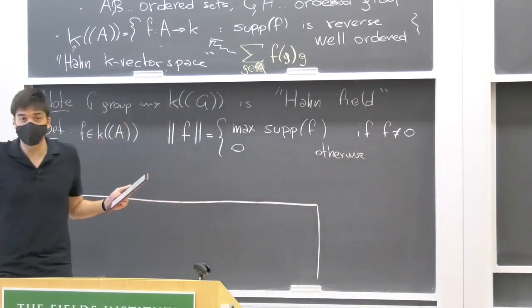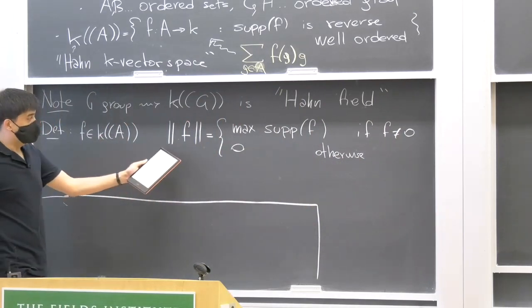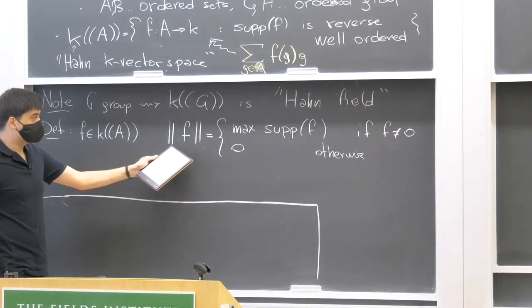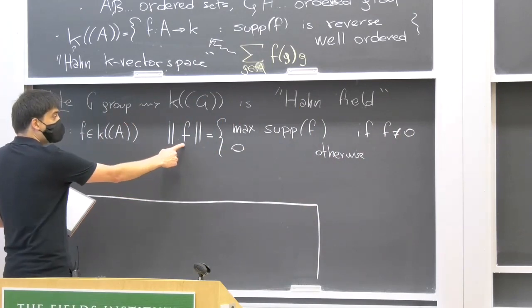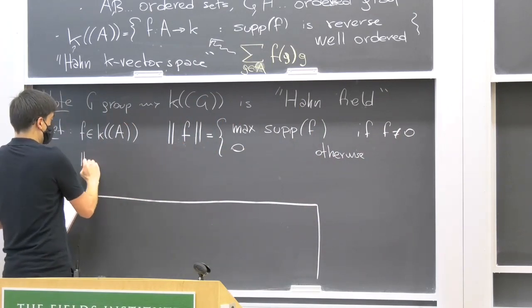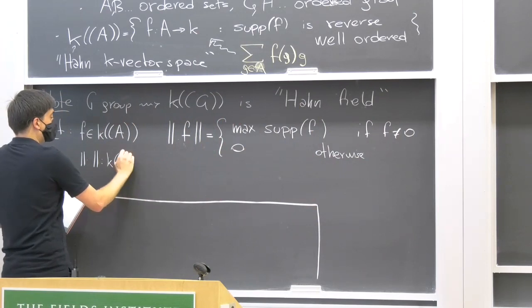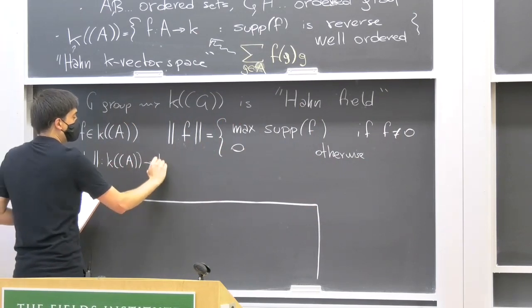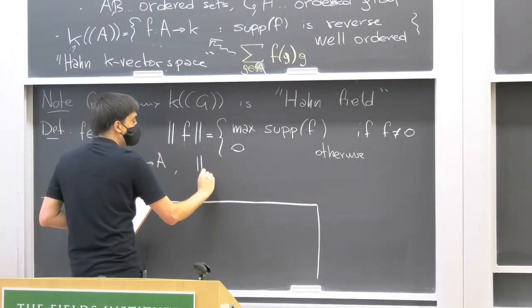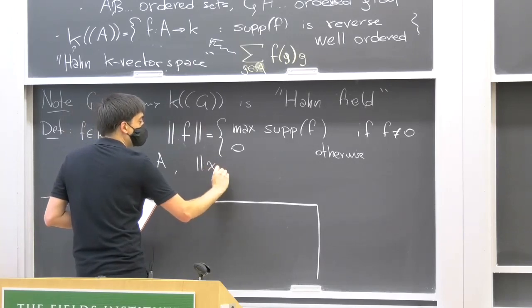Okay, so this is evaluation, except that I'm writing this in the multiplicative way. So I want to make sure that we have no confusion about how this behaves. So this is a function from K double bracket A to A, and it satisfies the ultrametric inequality.